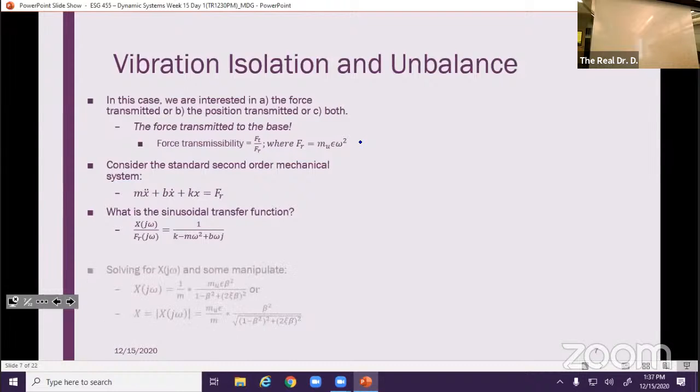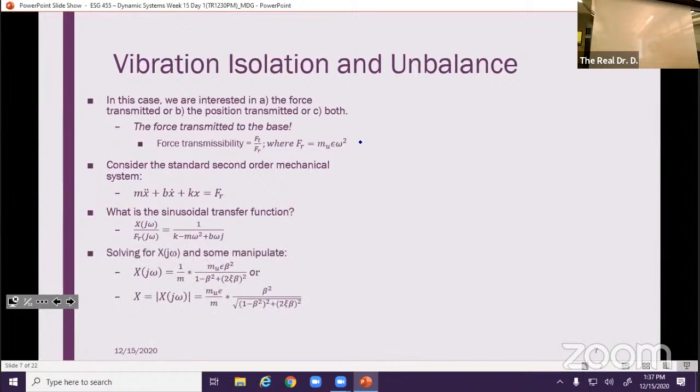Okay, sinusoidal transfer function. Let's solve this for x of j omega, and we'll rearrange it, and hey, look what happens. That kind of looks like our transmissibility equation with a little bit extra, where we have the total mass of the system on the bottom and the unbalanced mass times epsilon on top there.